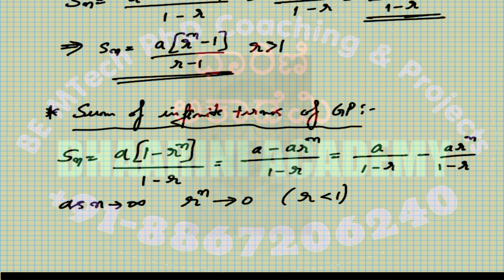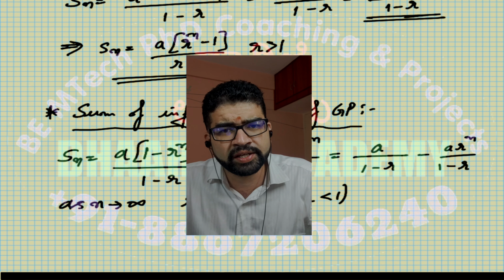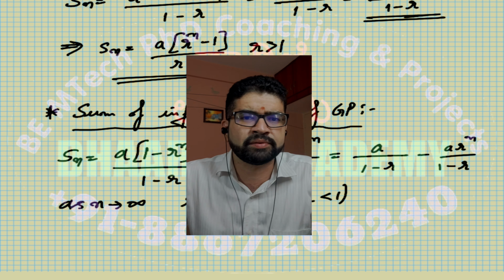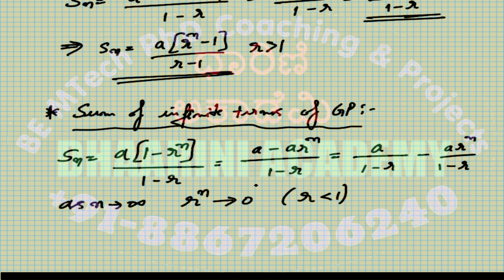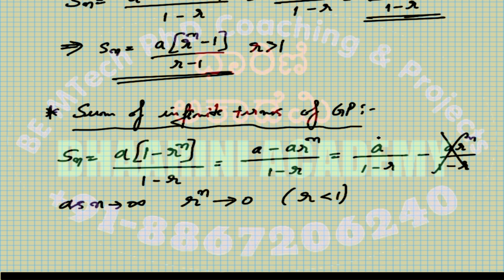Say 0.5, 0.5 into 0.5 into 0.5, a very large number of times, because n is infinity. Ideally we are speaking of 0.5 raised to the power infinity, which is close to 0. So that's why r to the n becomes equal to 0. When this is 0, this whole term becomes equal to 0, a into 0 over 1 minus r is 0. Because of that reason, this term will not come into the picture, only the first term a by 1 minus r remains.